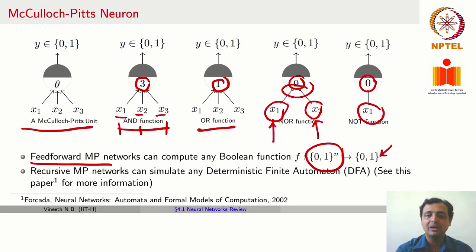Which means, in machine learning parlance, if you had an n-dimensional input and the output is a binary classification problem, you could solve it as long as your inputs and outputs were all binary. Earlier work has shown that recursive McCulloch-Pitts networks can actually simulate any deterministic finite automaton.